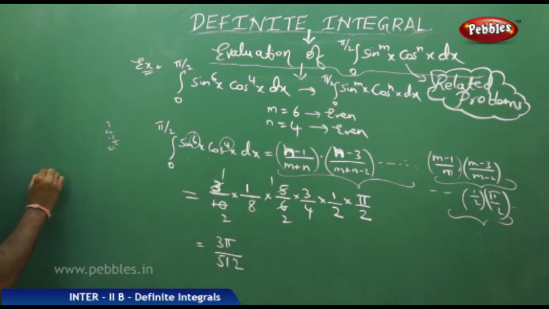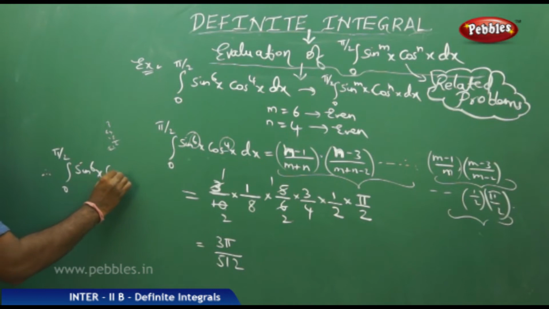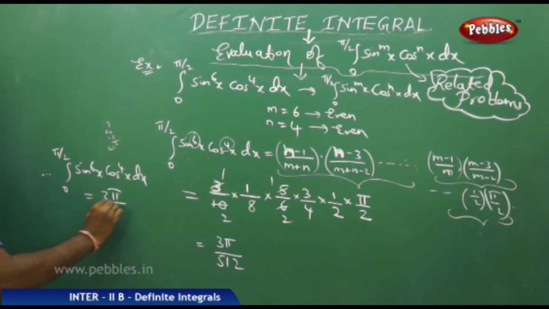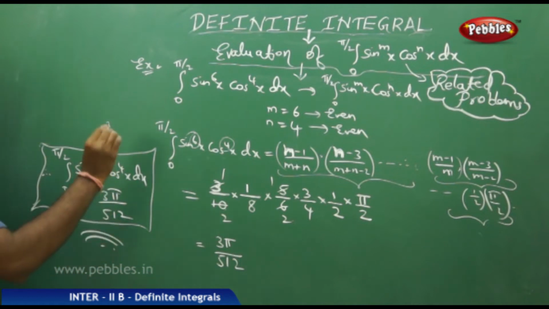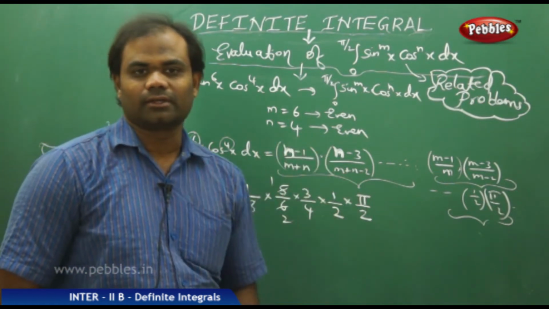Therefore, the integral from 0 to pi by 2 of sine power 6x cos power 4x dx is 3 pi by 512, is how we evaluate the integration.